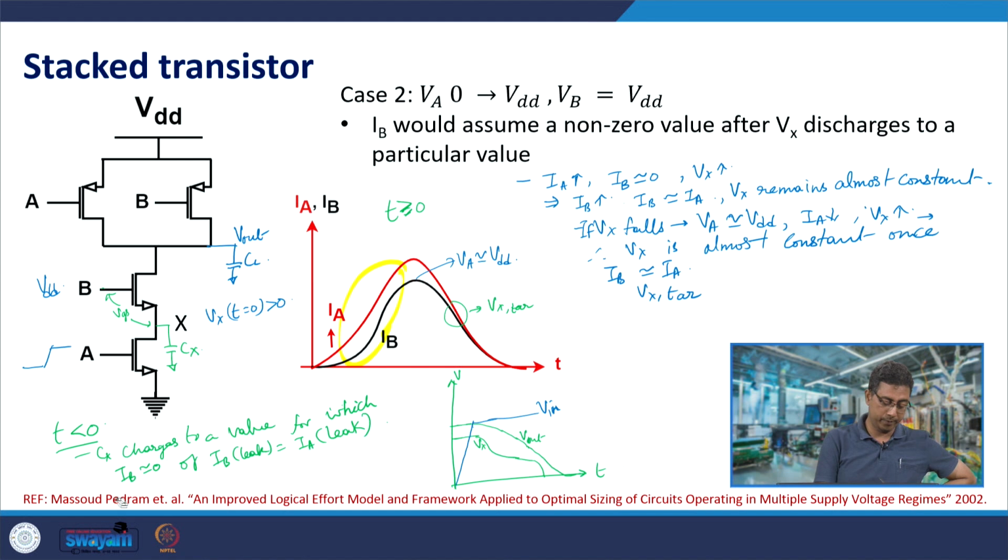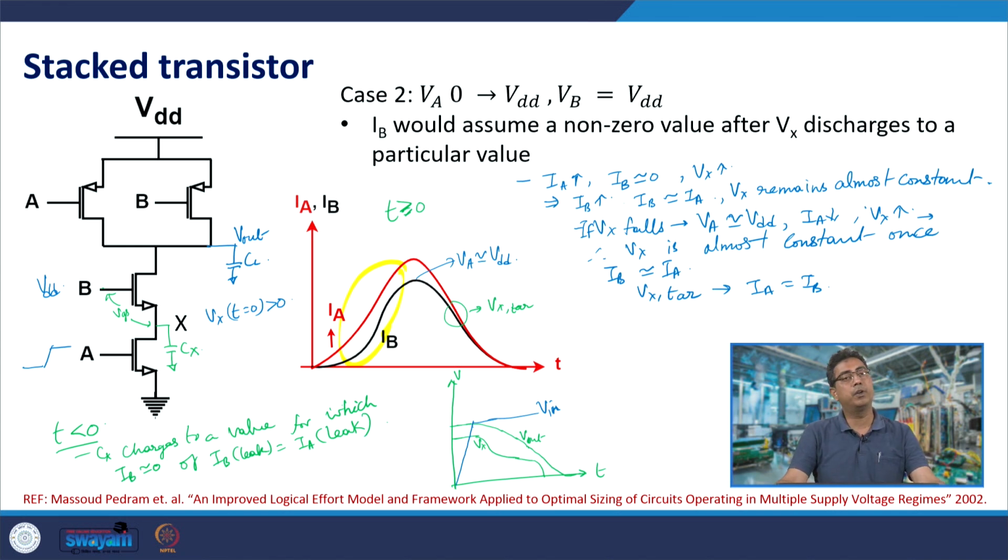In this paper they call this value of Vx as Vx target or Vx star, when Ia is equal to Ib. As Vx starts falling, Ib starts rising, and once Ia becomes equal to Ib, any further reduction in Vx would result in a reduction in Ia.